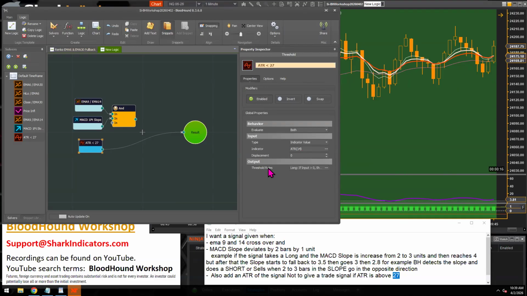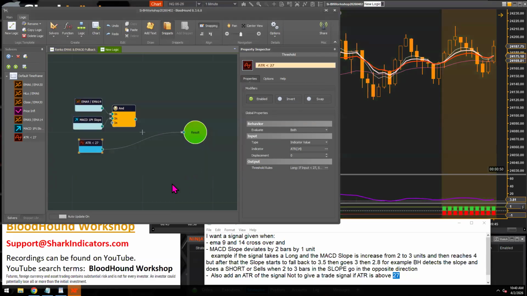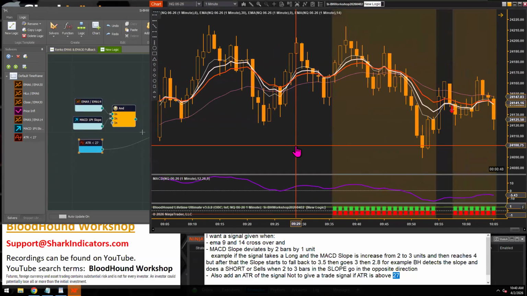And now the threshold rules there. So we want to know when the ATR is less than 27. And for a short, the ATR needs to be less than 27 as well. So both for a long and for a short, the ATR has to be less than 27. And there we have it.